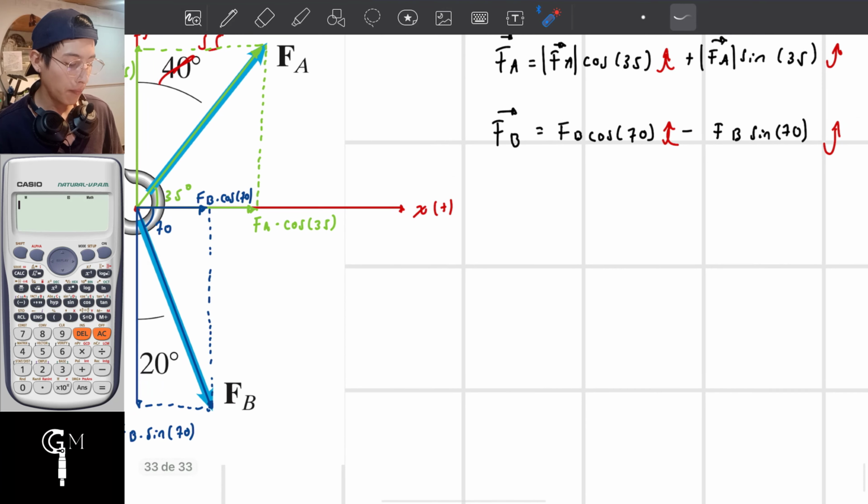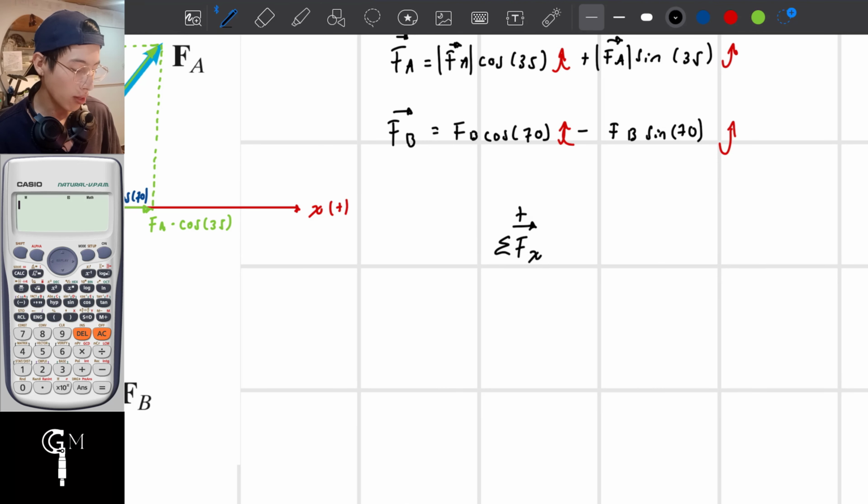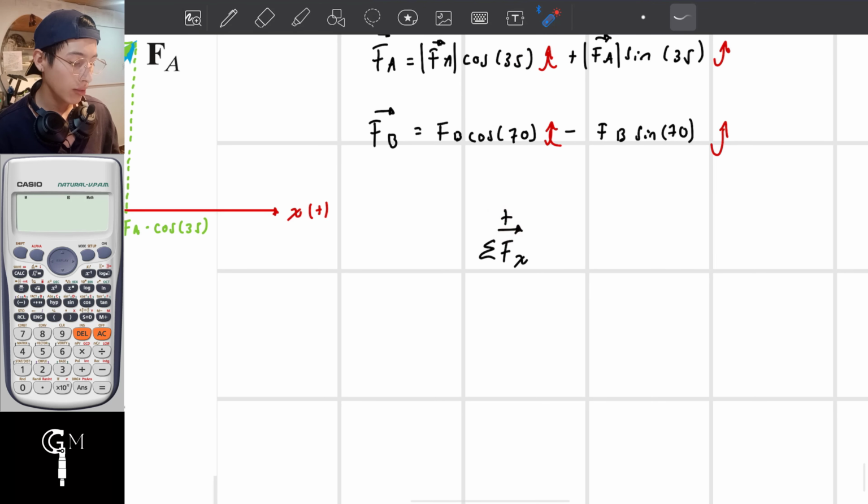So, hence, I can say that the summatory of forces along the x-axis, in this way I'm going to take the positive numbers. For those of you who may be thinking, what is this?